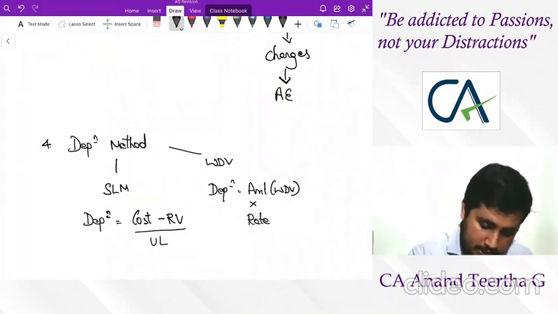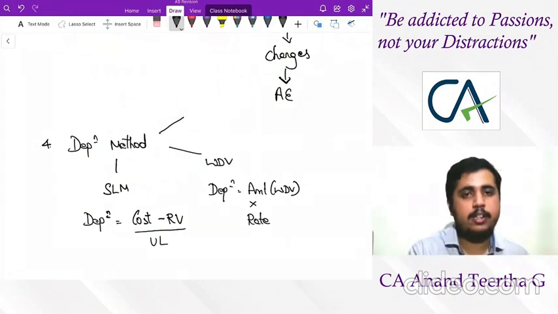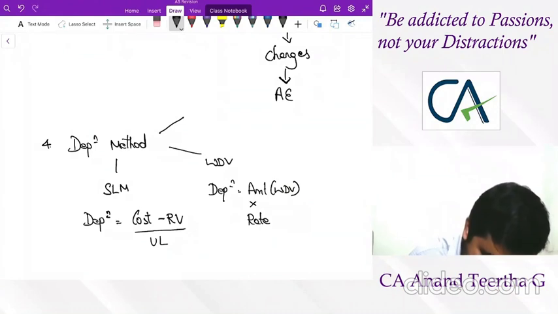Then third, the other method allowed by the standard is units of production method, according to production units.